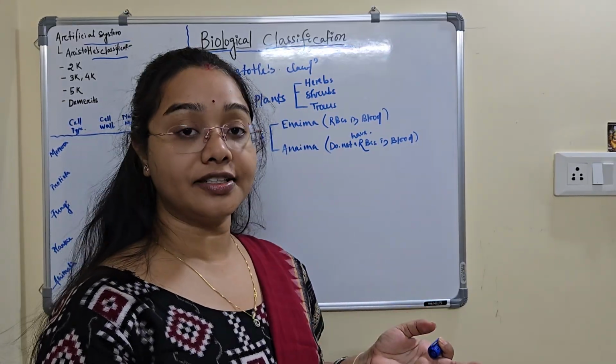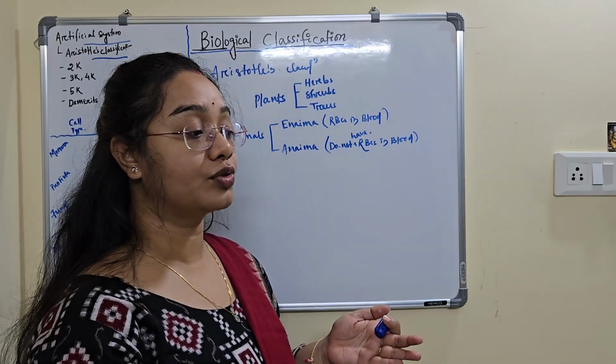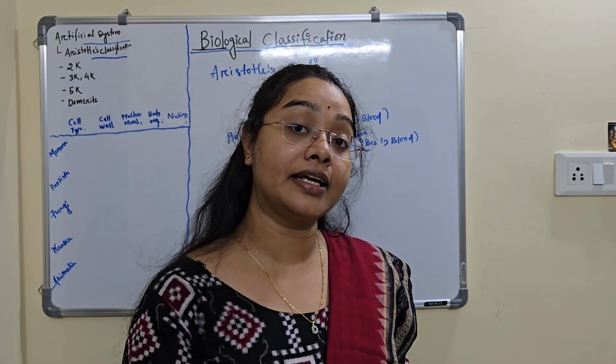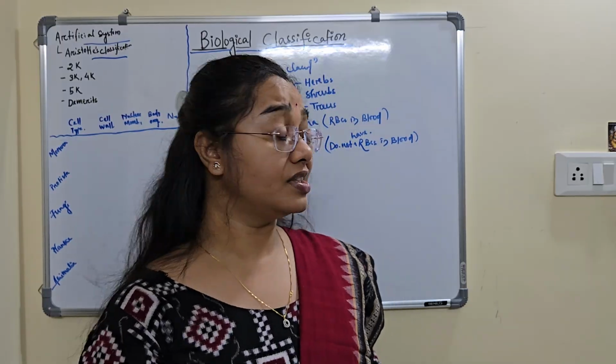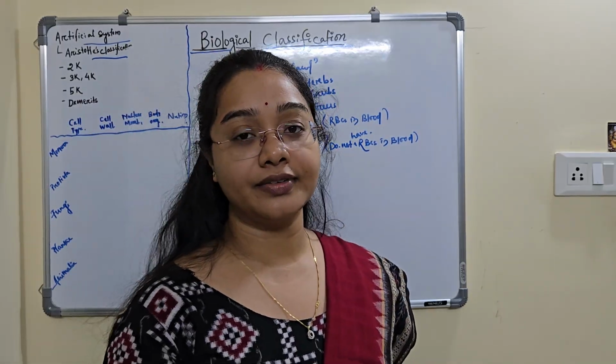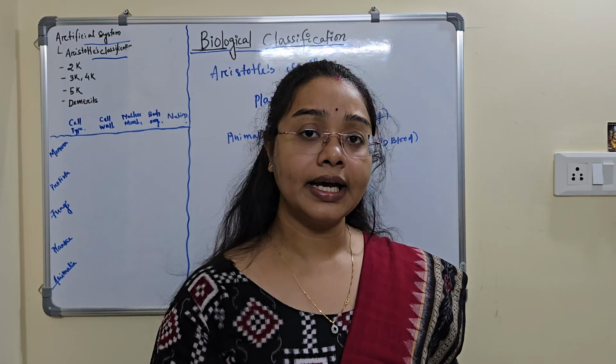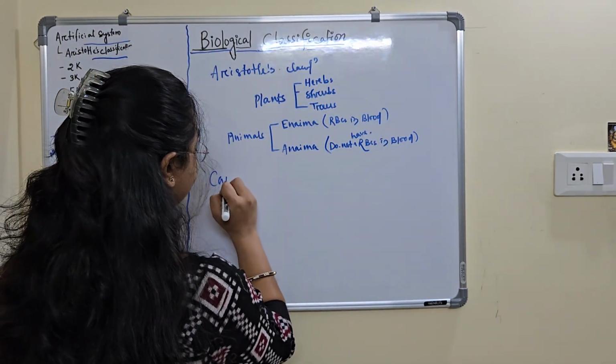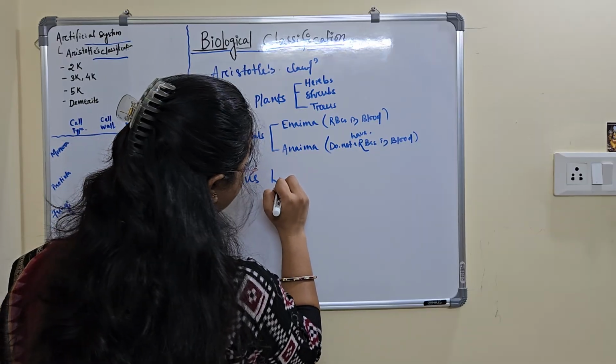But as scientific methods progressed, there was discovery of various microorganisms, like they discovered algae, fungi and many other things. So this system seemed quite a bit outdated, and then comes another man whose name is Carolus Linnaeus.